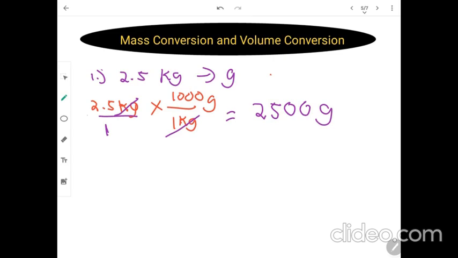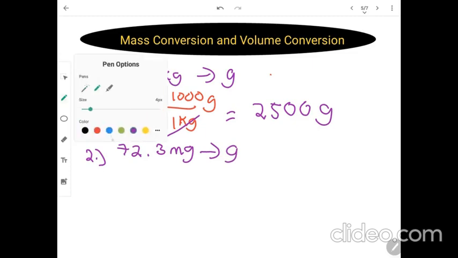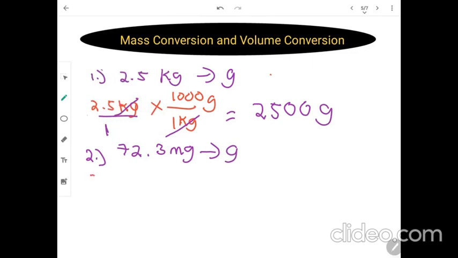Okay? And now, let's consider number 2. Let's have here, for example, a value 72.3 milligrams to grams. Okay? So here, let's first write our given, 72.3 milligrams times, because you all know that 1 milligram is equal to 0.001 gram.